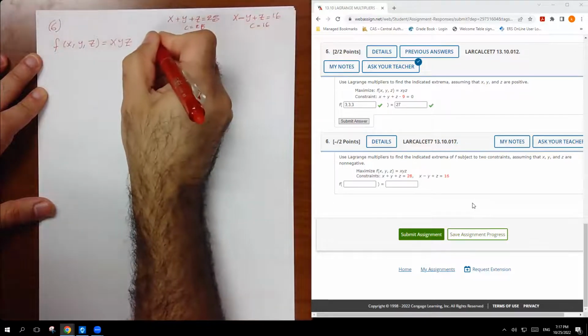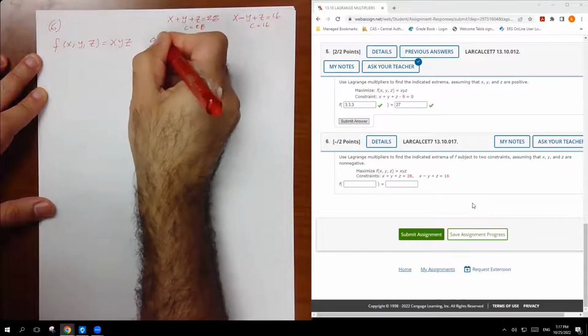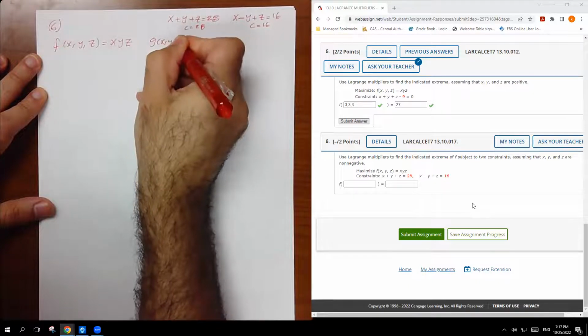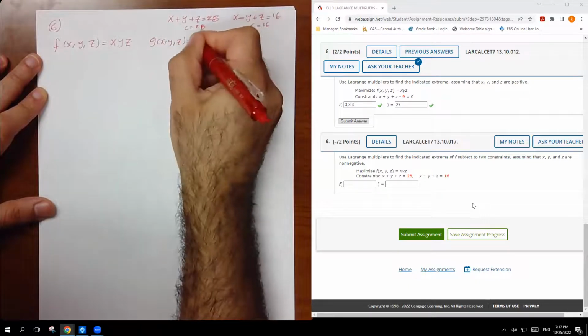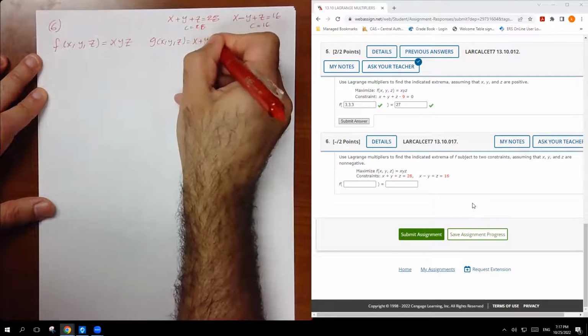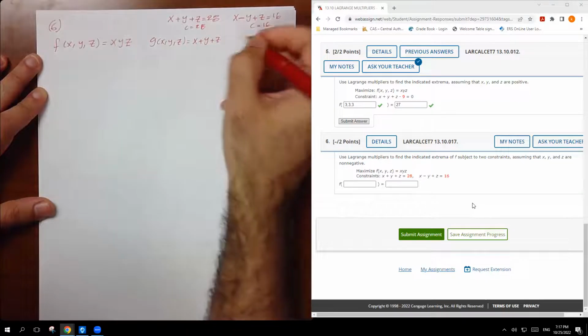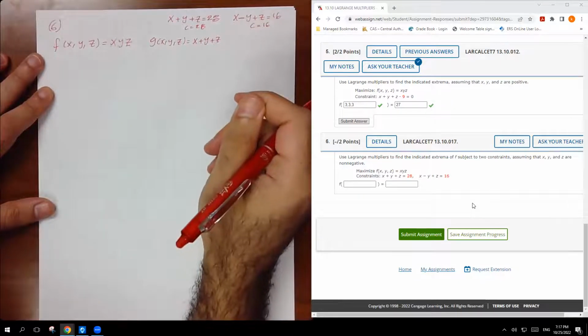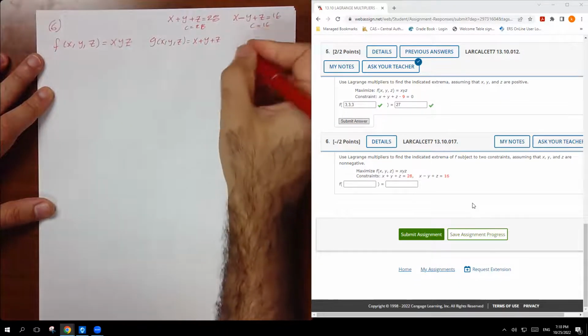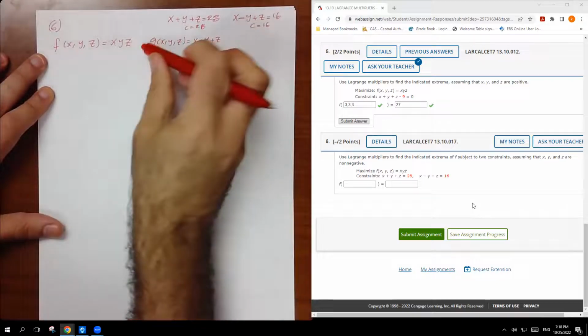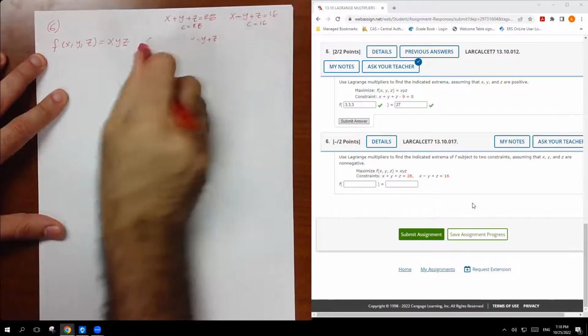So I'm going to write down here g of x, y, z equal x plus y plus z, and h of x, y, z.